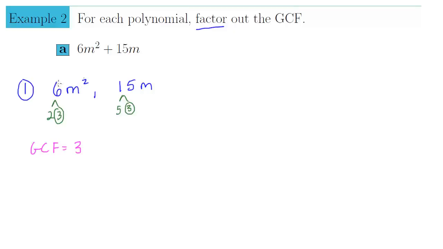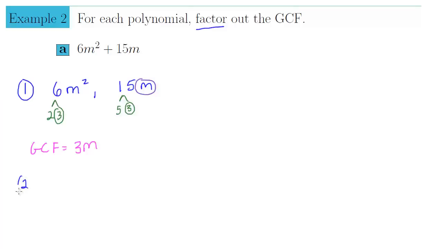Okay. So this guy has an m squared, and this guy has an m. In common, you have to take the one with the smaller exponent. They have an m in common. Right? m squared has an m in it, and m has an m in it. So the GCF must have an m in it. So the GCF for this polynomial is 3m.